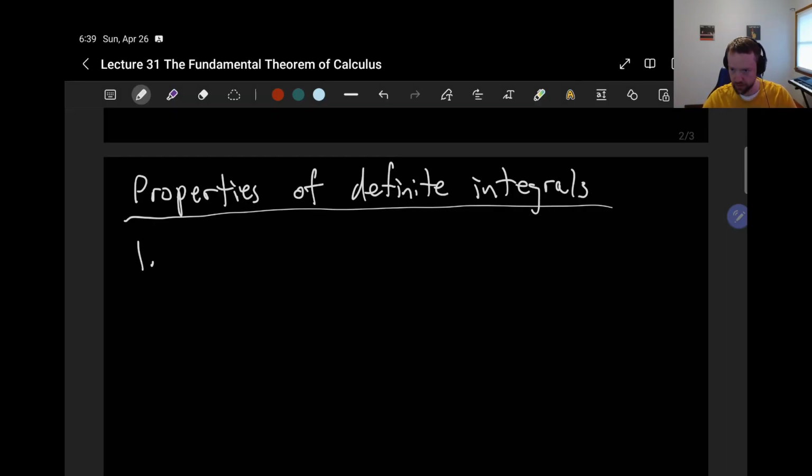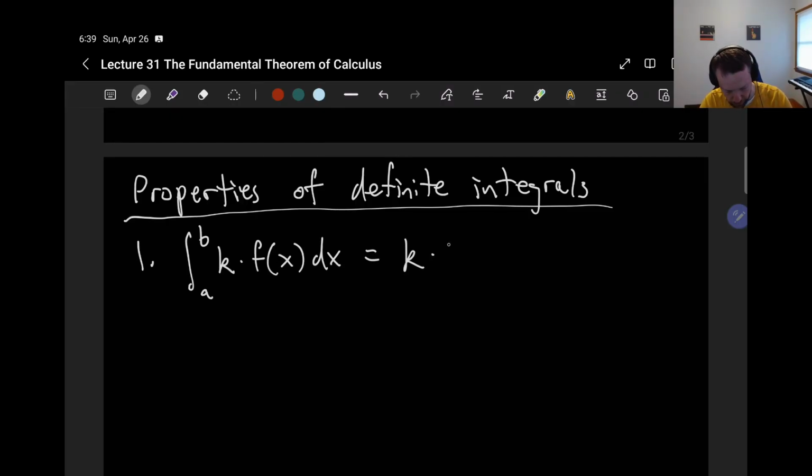Number one, just like what we had with indefinite integrals, you have this rule where if I multiply by a constant inside, you can just move it on out.